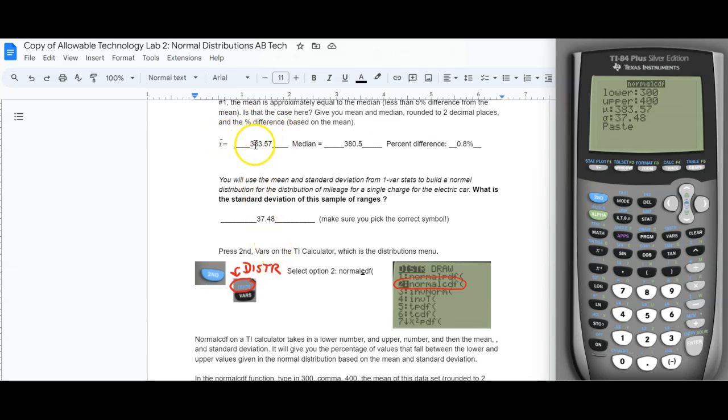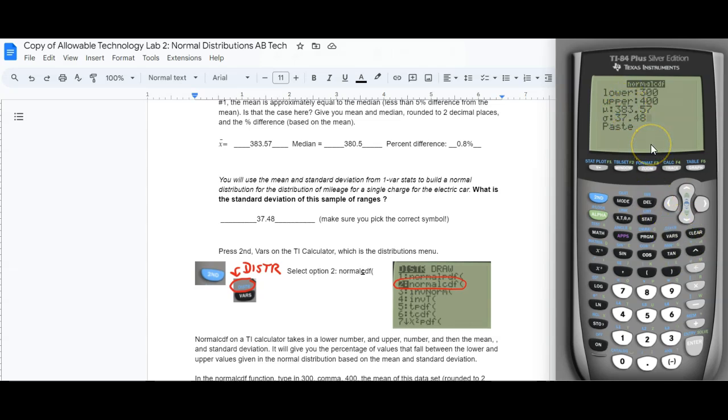These are our best guesses for the population mean and population standard deviation. They are from a sample because there are only 12 data points here. There are way more than 12 of these electric vehicles out there. So this is a sample, but it's our best guess for these two values. That's why we're using those numbers.